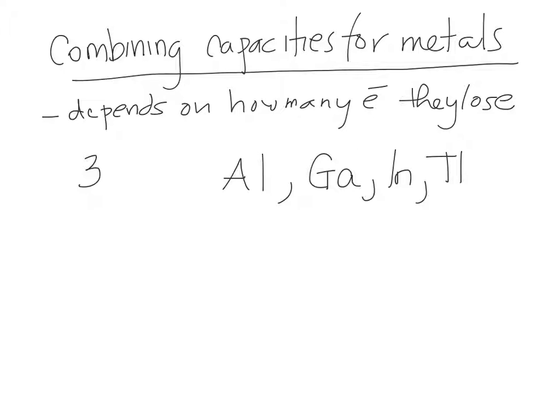Has anybody seen the trick with gallium spoons? You put them in water and it melts the spoon. Okay, I'll show you right after this. It melts at around 29 degrees Celsius.